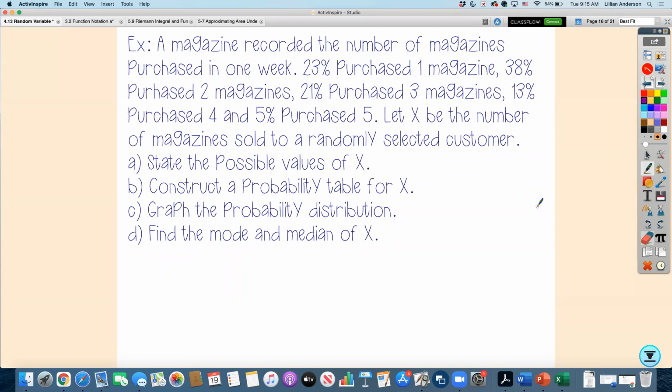Well, remember, it says we're going to let X be the number of magazines sold. So what possible values could X be?